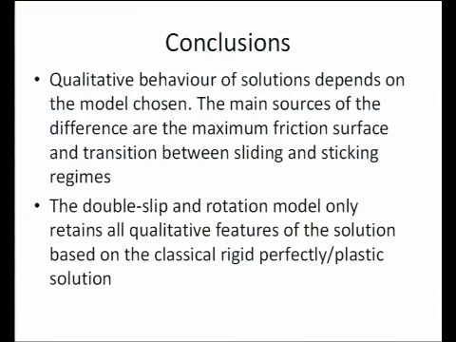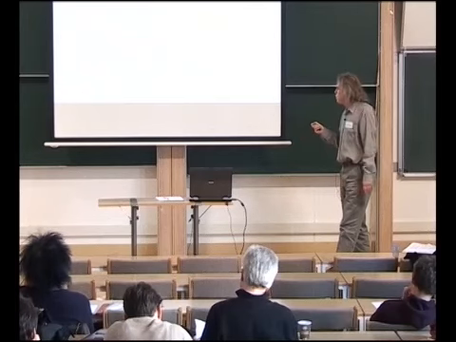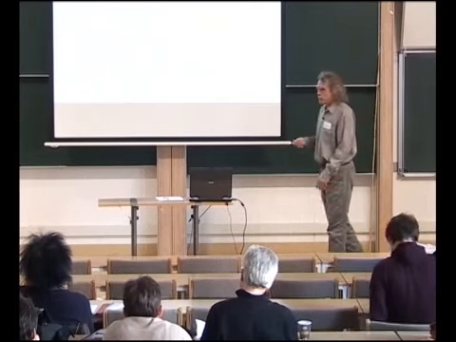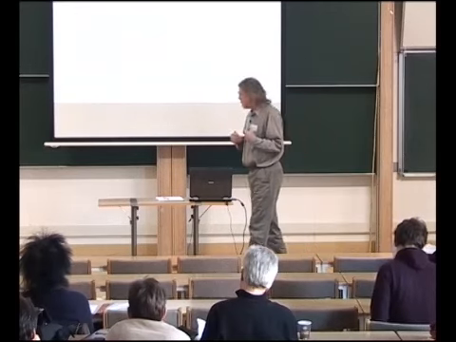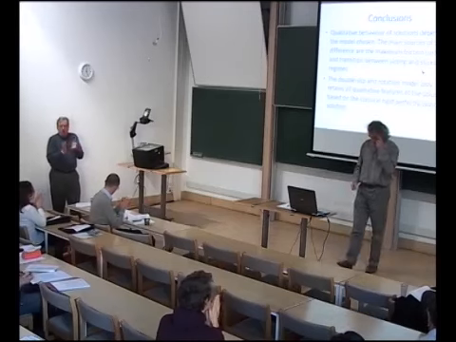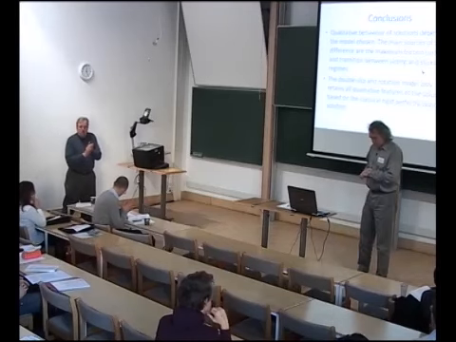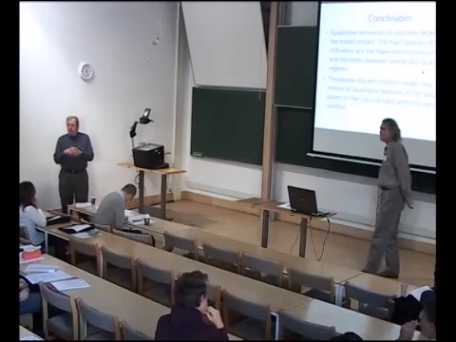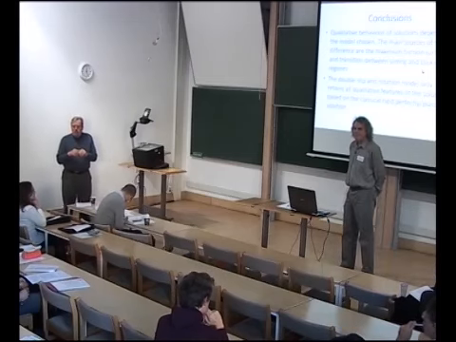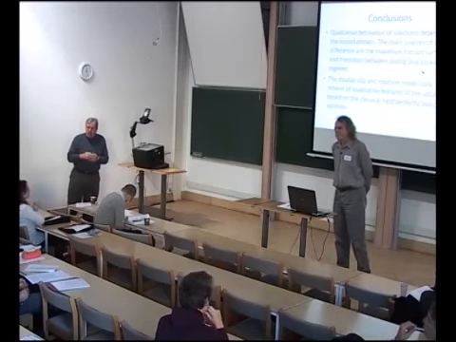So the conclusion is that of the considered models, only the double slip and rotation model retains all qualitative features of the solution based on the classical rigid perfectly plastic solutions. Other models lead to qualitatively different results. Thank you for your attention.